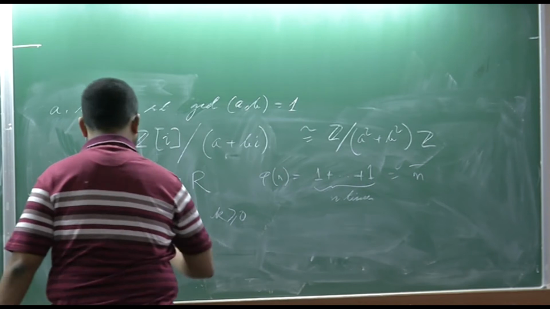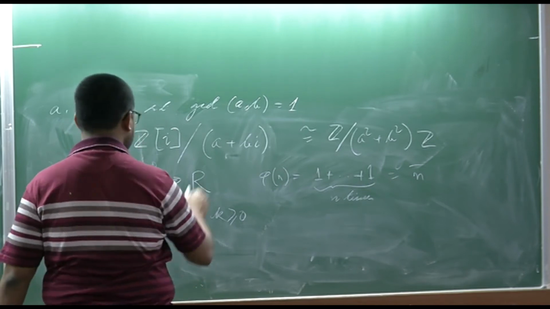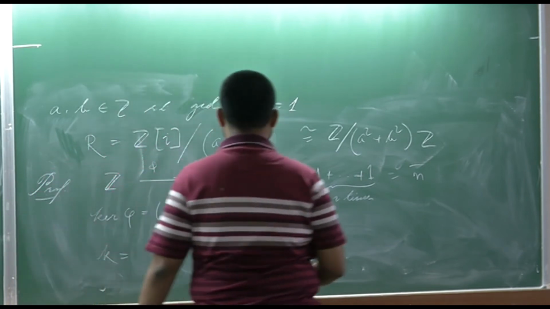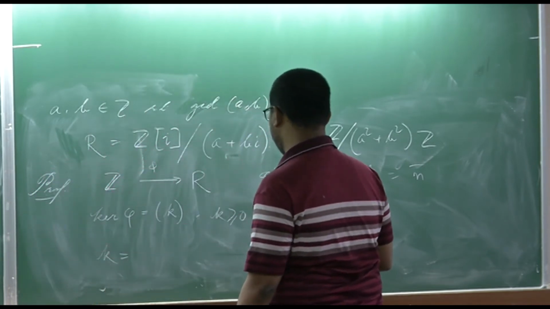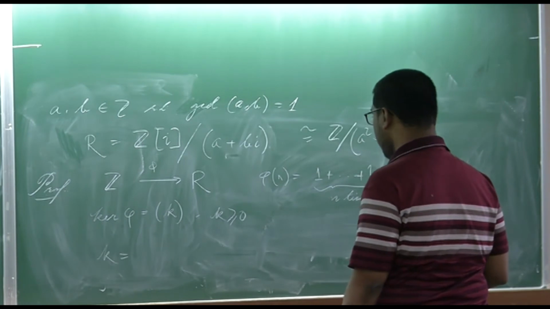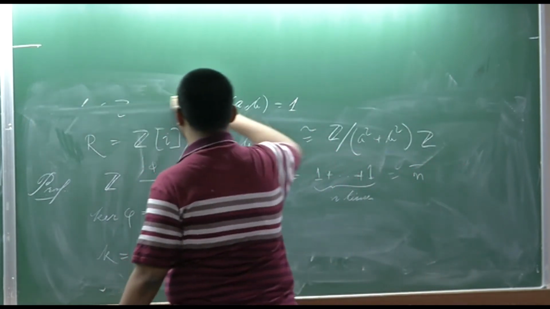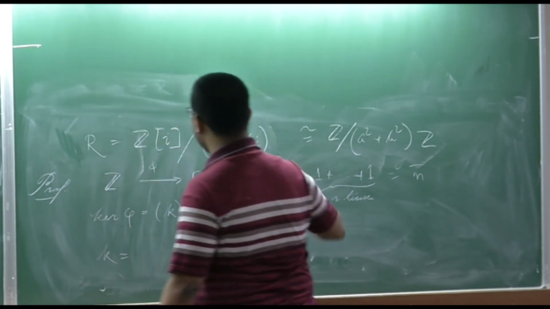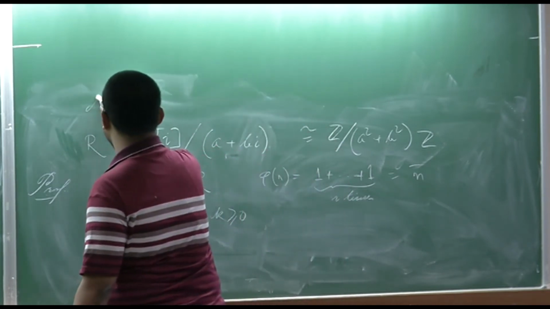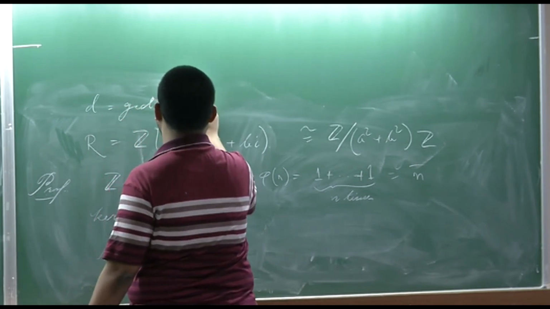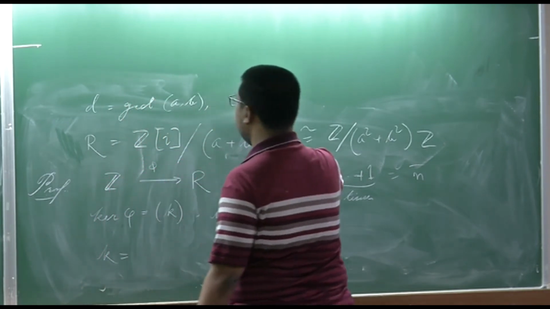So, therefore, you see that k must be a multiple of this quantity. Maybe here I can drop this condition, rather let d be the GCD of a and b, and we clear out the GCD.